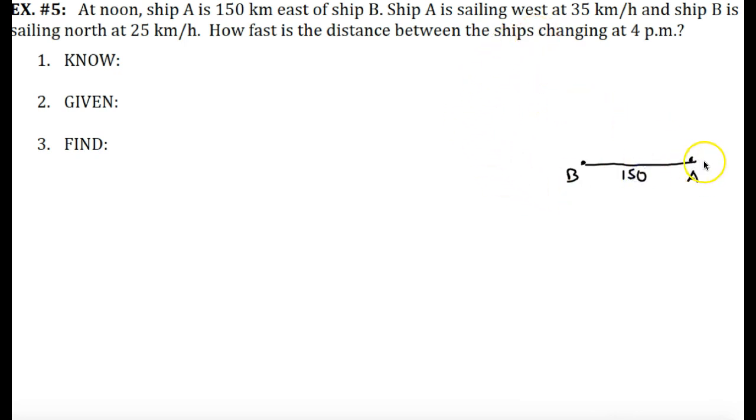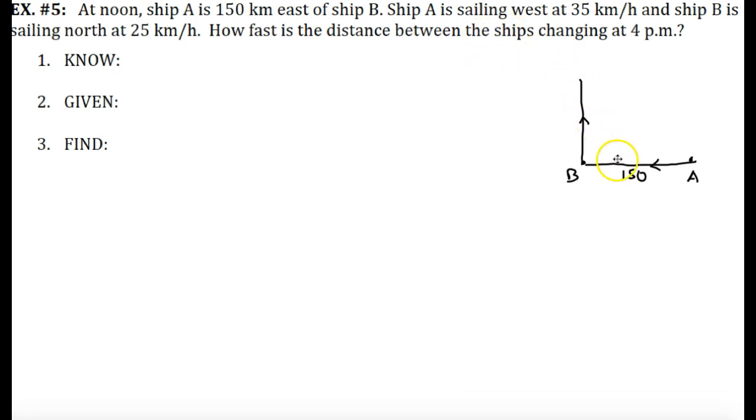Now it says ship A starts sailing west, so west would be this direction, and ship B starts sailing north, so ship B is going in this direction.